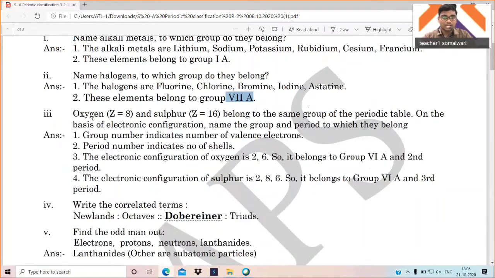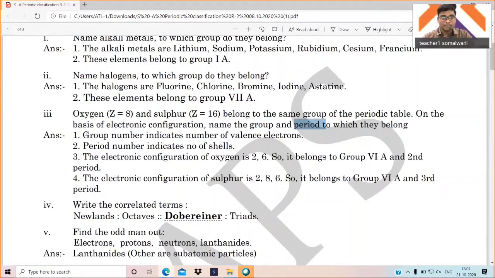Oxygen and sulfur, whose atomic numbers are given, belong to the same group of the periodic table. On the basis of electronic configuration, you have to identify the group and period to which they belong. It is very important.